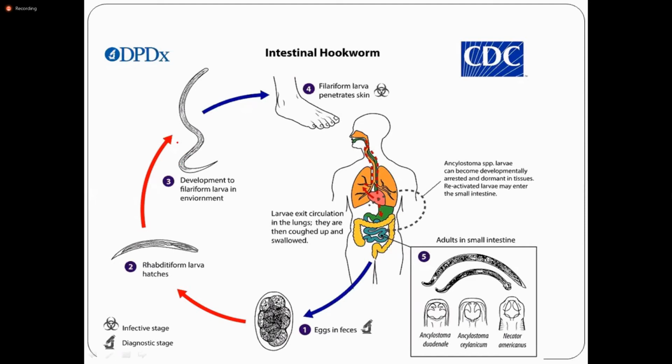These developed infectious larvae penetrate the skin of the foot, go into the circulation and cause problems. Okay, and here the I and D are not shown, but the sign is like this, the infectious stage, and the diagnostic stage is here when we find eggs in the stool.